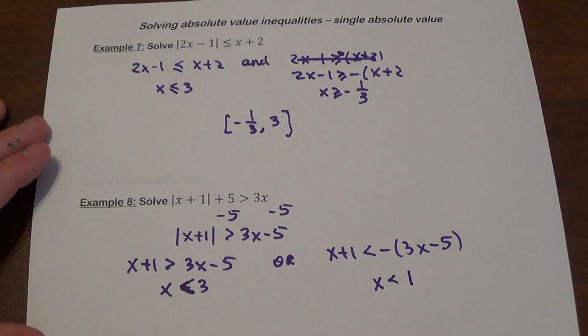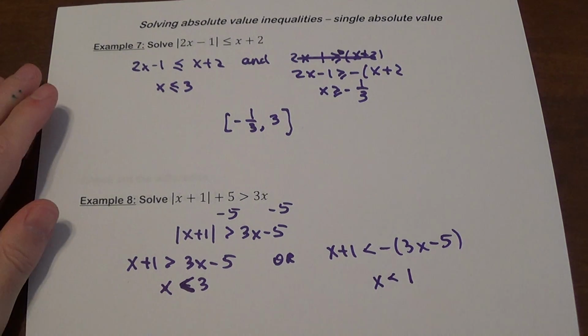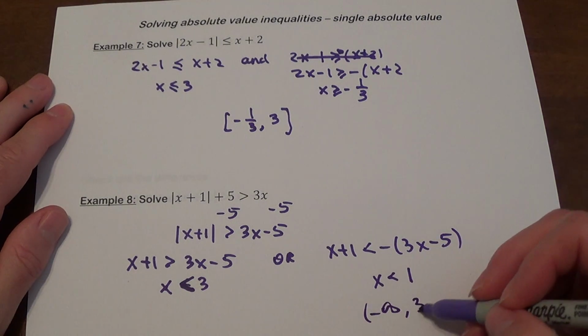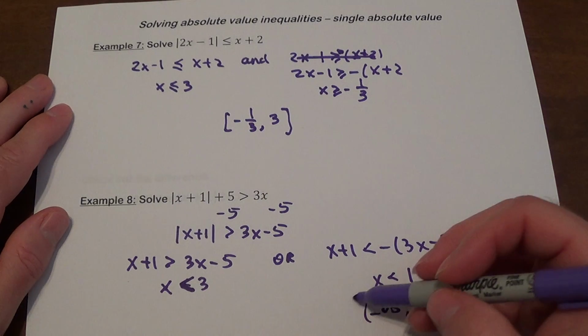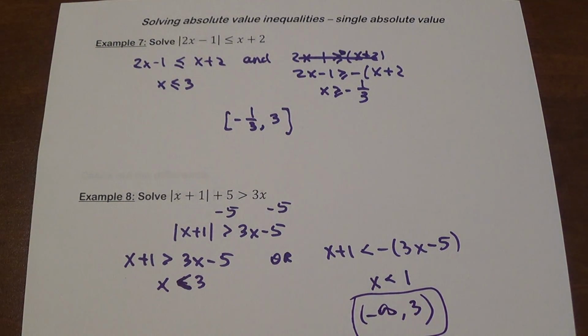With or, two inequalities point in the same direction. With or means the larger one of the two will be used. So our final answer is going to be from negative infinity to 3.